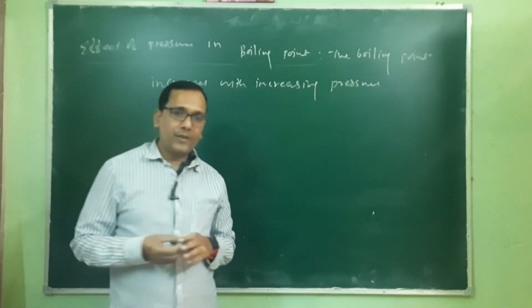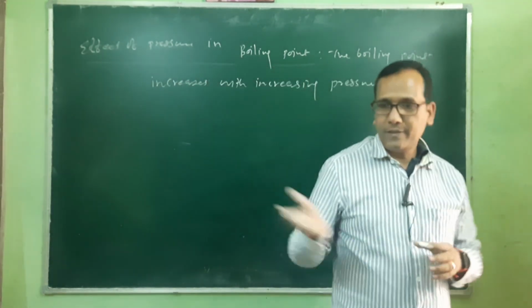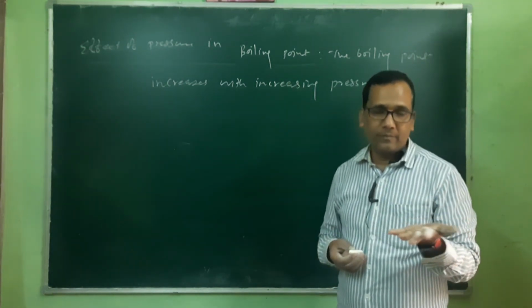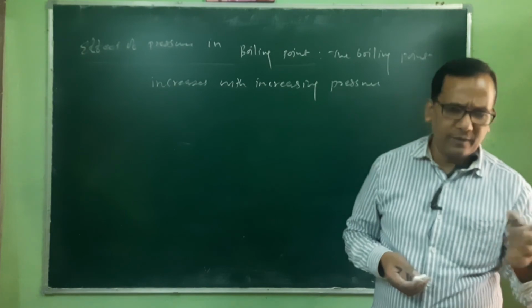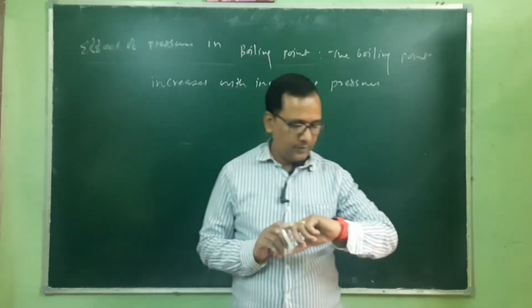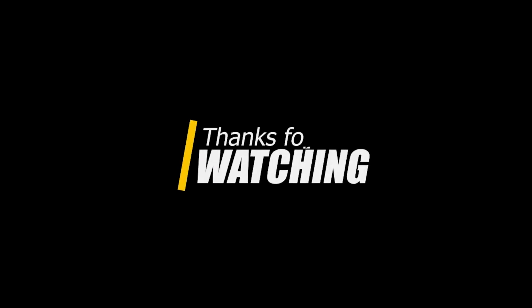So as pressure increases, boiling point increases. There is a third experiment also, and you can go through that. I think in your NCERT book it is given. Okay, so I think it's late for me.